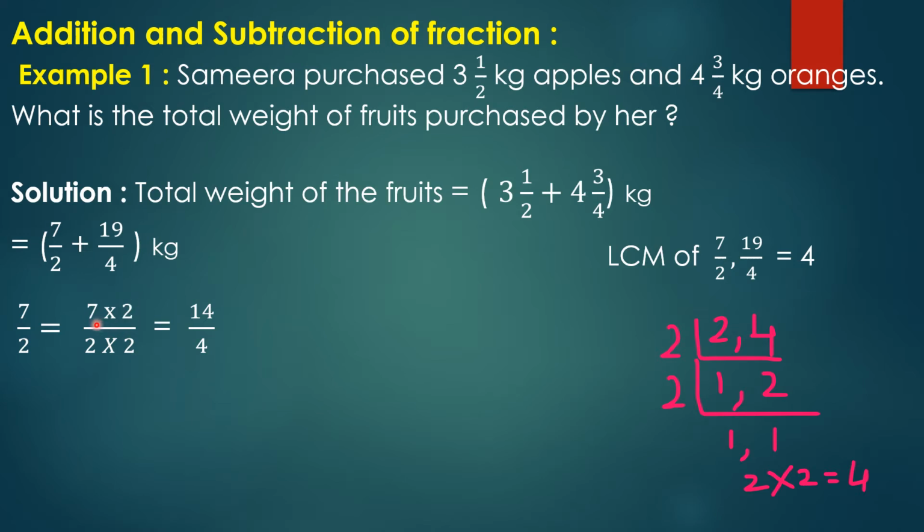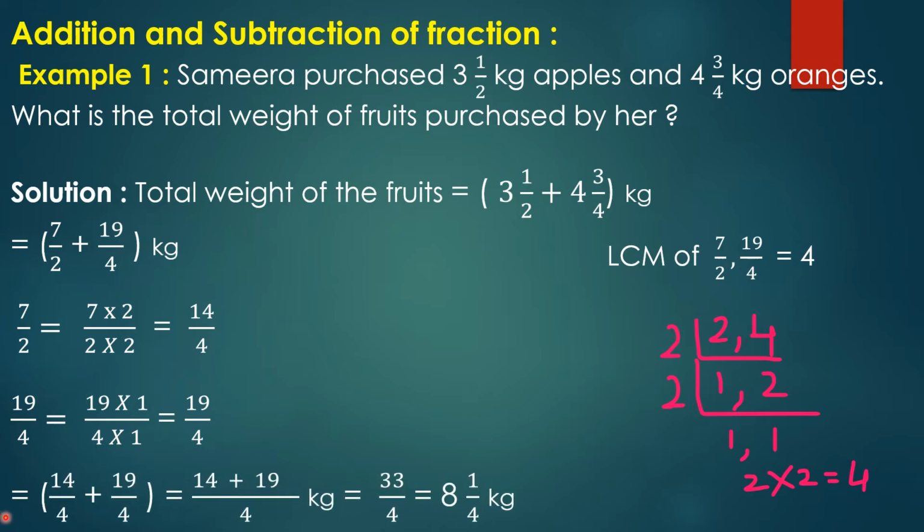Therefore this will become 7 into 2 divided by 2 into 2, which is equal to 14 by 4. The next is 19 by 4. Here the denominator already is 4. Therefore it should be multiplied by 1, and the numerator also should be multiplied by 1, which is equal to 19 by 4.